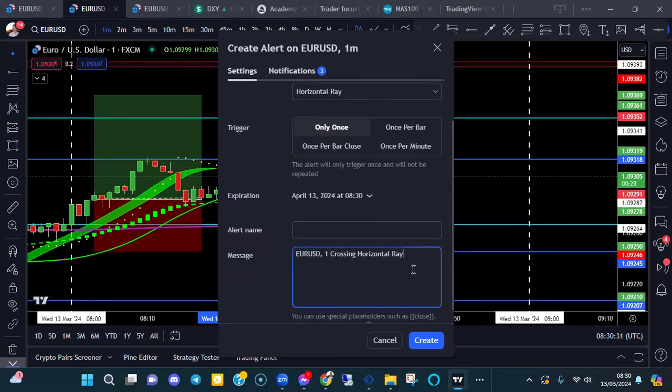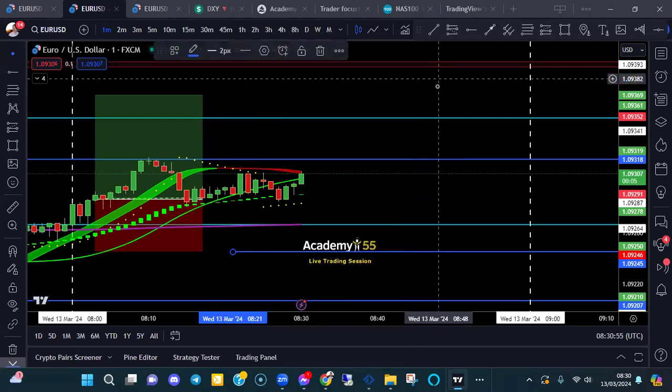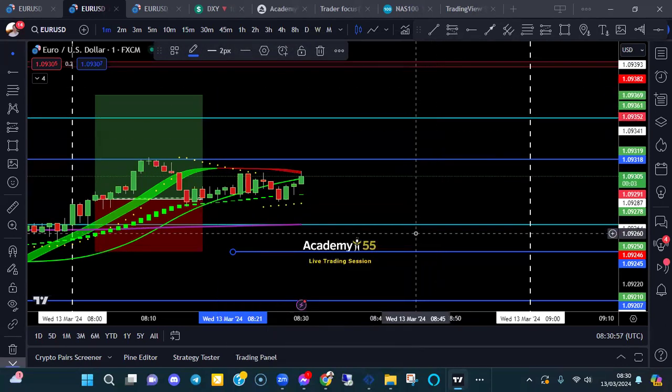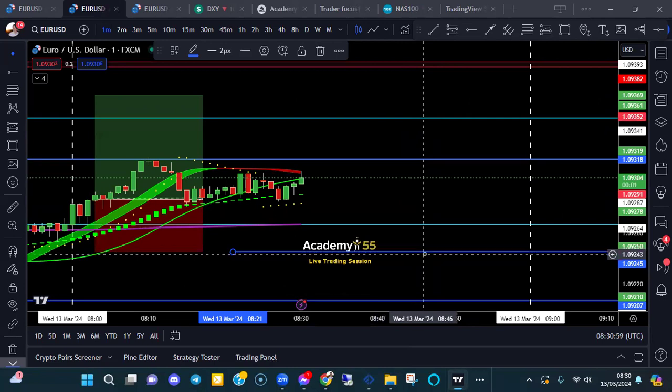And then you could write in EURUSD, hit my stop loss. Oh, don't write any rude words. And create. That's one way you could do that, if you don't want to be looking at your screen all the time.